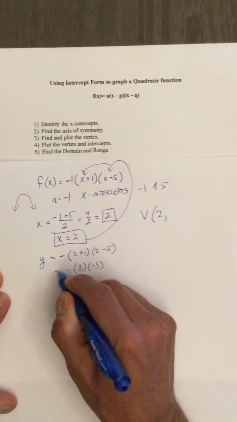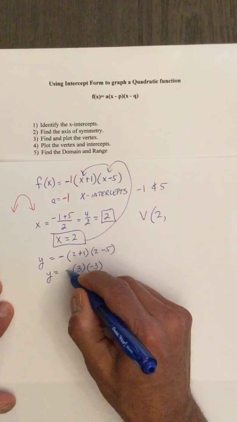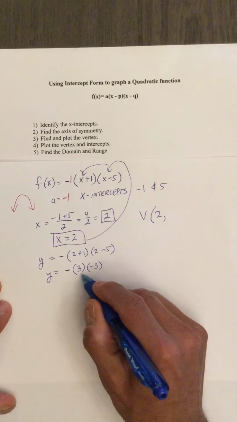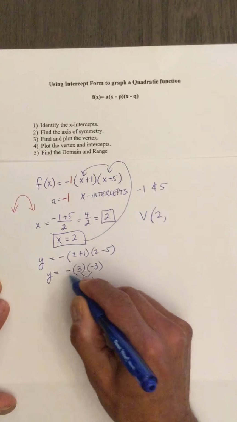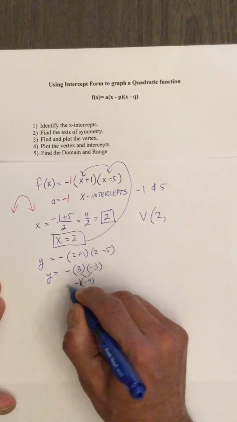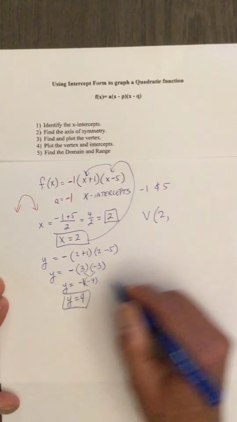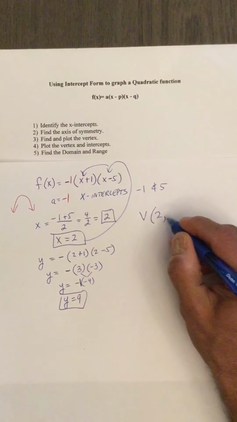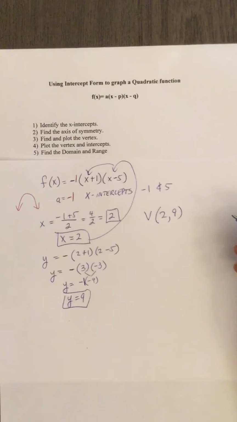Then I have a minus sign in front. When I multiply these first, I get negative 9, and there's a sign in front. Negative 9 times negative 1 is going to give me positive 9. So my vertex is 2, 9, right?